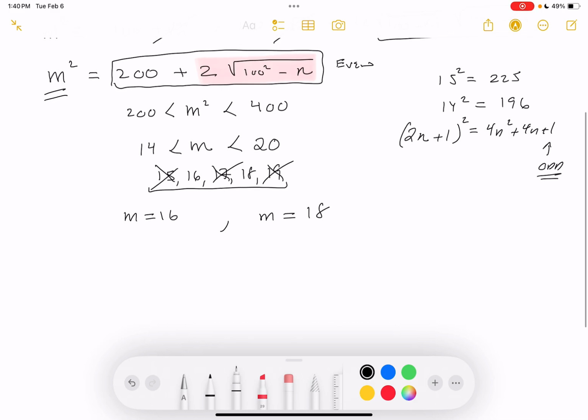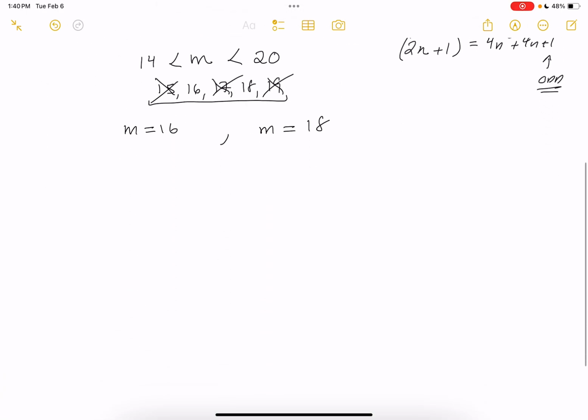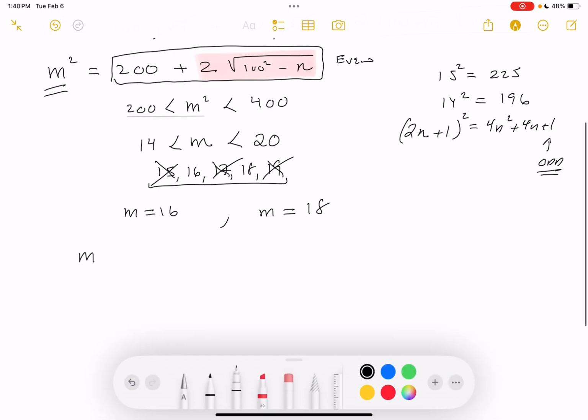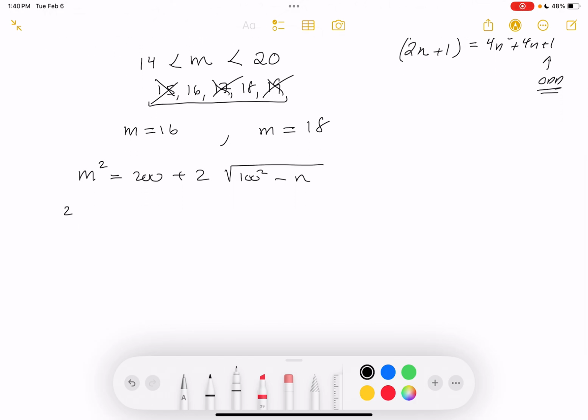So what I want to do is go through that and see if I can figure out n now. Let's take a look. 16 squared is 256. By the way, I'm using the equation m squared is equal to 200 plus 2 times the square root of 100 squared minus n. By the way, n's got to be an integer, so I'm a little concerned about this now. But m squared, 256, equals 200 plus 2 root 100 squared minus n.